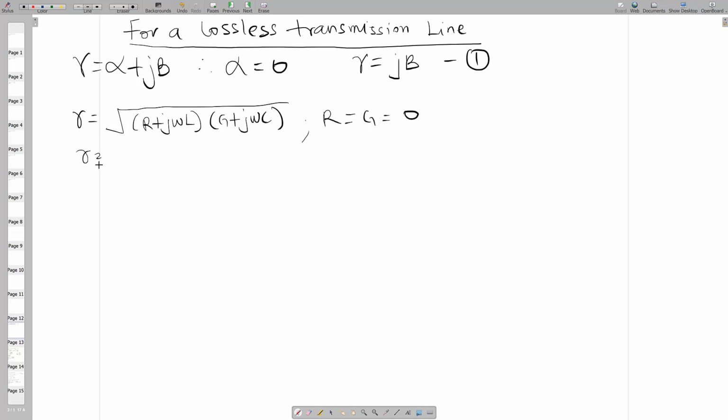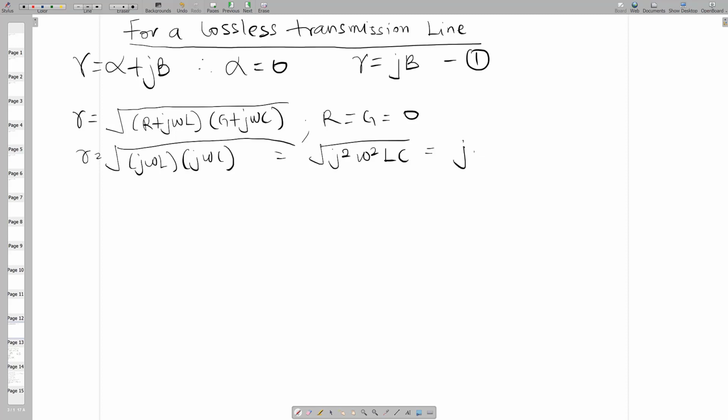It means our propagation constant will be left with just root of j omega l multiplying j omega c, which is the same as j squared omega squared lc. If we simplify this, we have j omega root lc. Let's say this is equation 2. So for a lossless transmission line, you can also have this equation for the propagation constant.